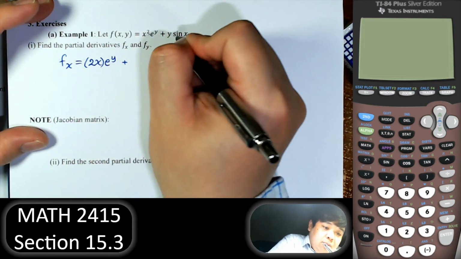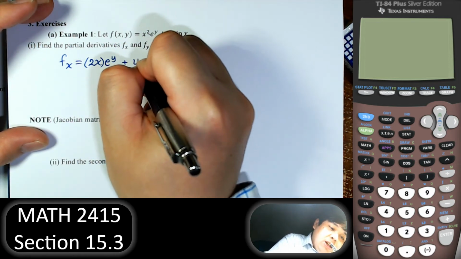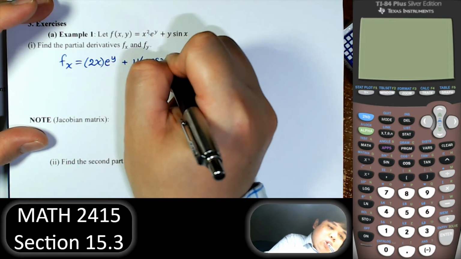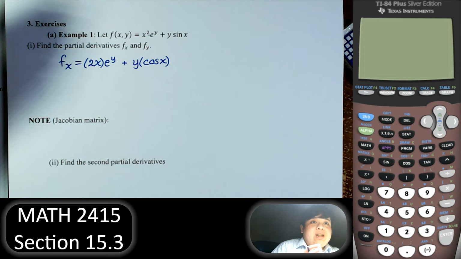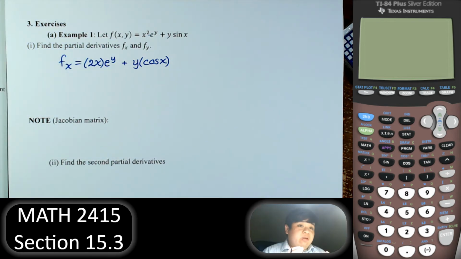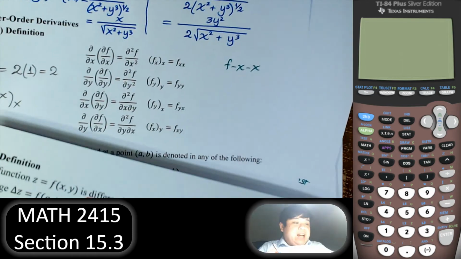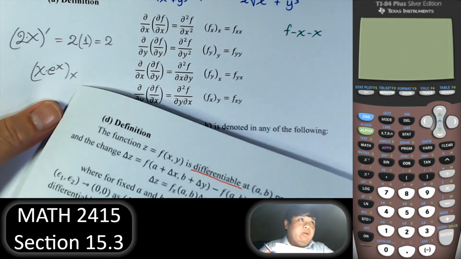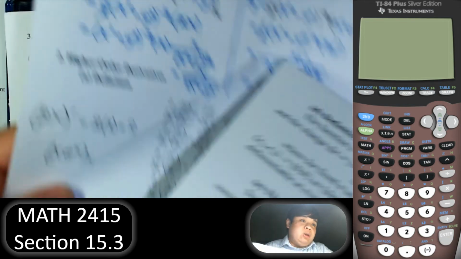Next, y is a constant. The derivative of sine x is cosine x. So we only take the derivative with respect to x because there is only one function of x. Once again, if there's x times e to the x, that's a different story because x shows up in two different functions. That has to be a product rule.